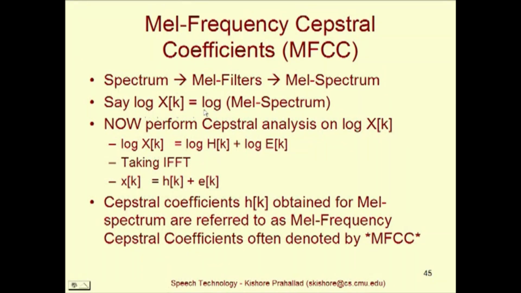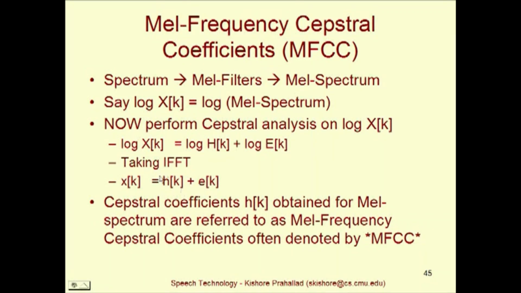If you take the log of it, you get the log Mel spectrum. The moment you get log X(k), you can simply perform cepstral analysis on it. Log X(k) is represented as log H(k) plus log E(k). Taking the inverse transform would give you x(k) equal to h(k) plus e(k).